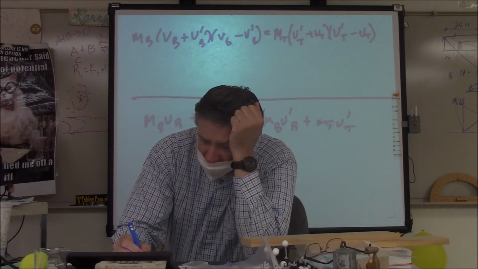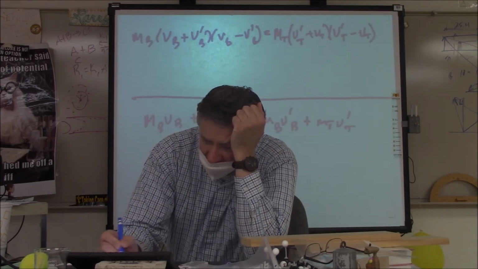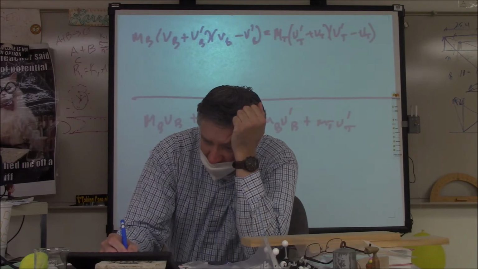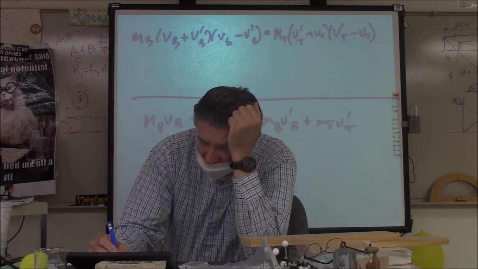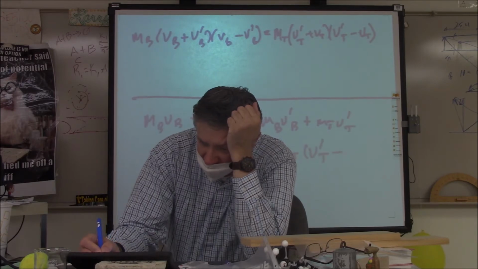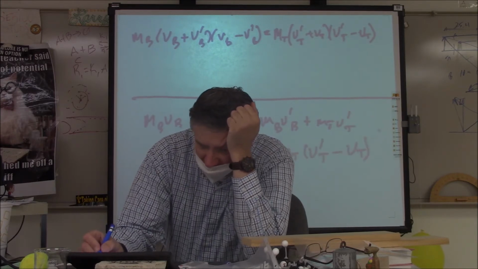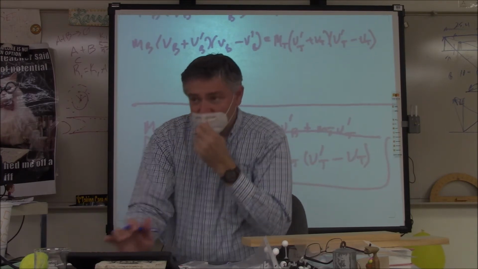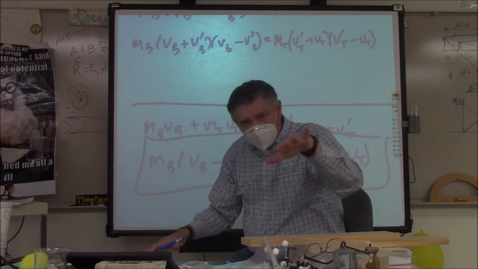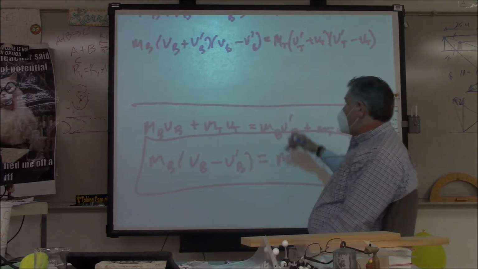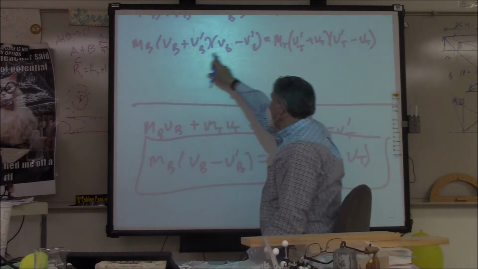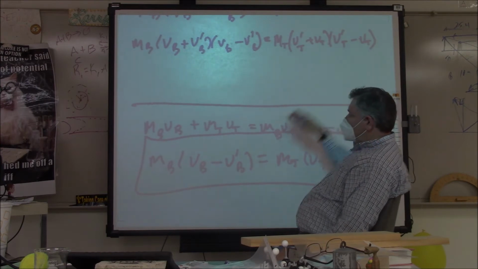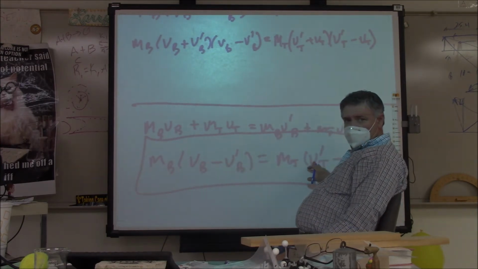So this is going to be the mass of the bullet times the velocity of the bullet minus the new velocity of the bullet. And that's going to be the mass of the target times the new velocity of the target minus the velocity of the target. Okay? So here's what we're going to do. Since these two things are equivalent, I'm going to take this line here, and I'm going to divide it by this line here.